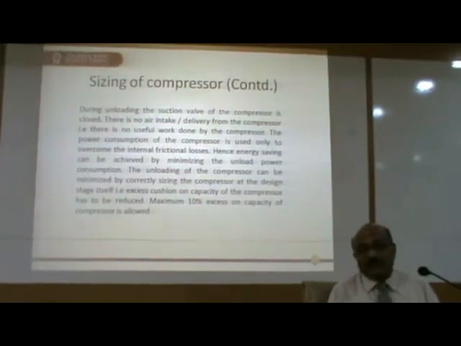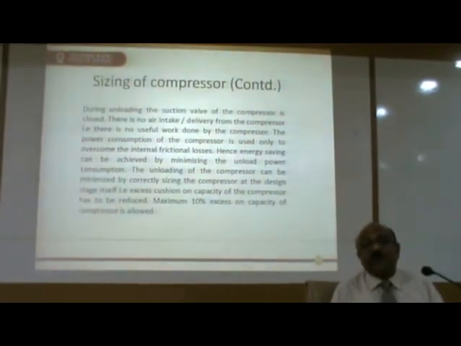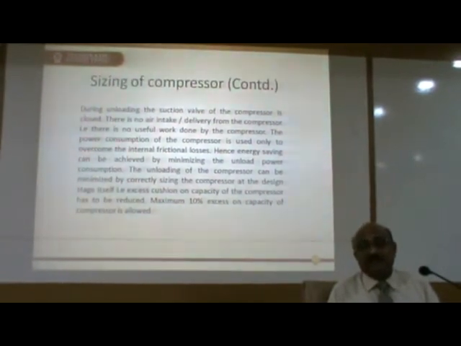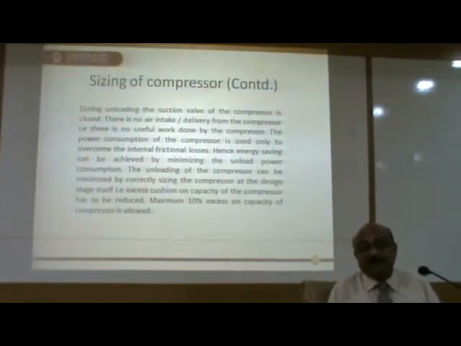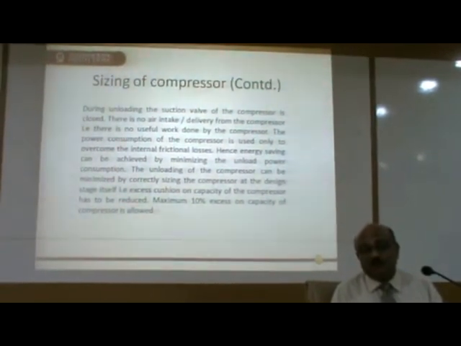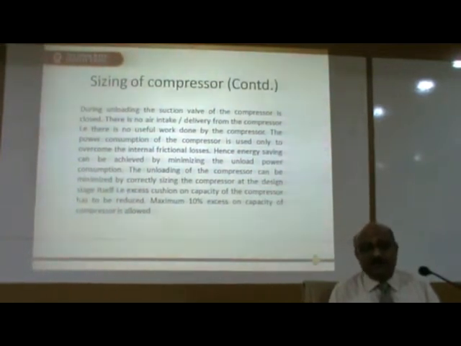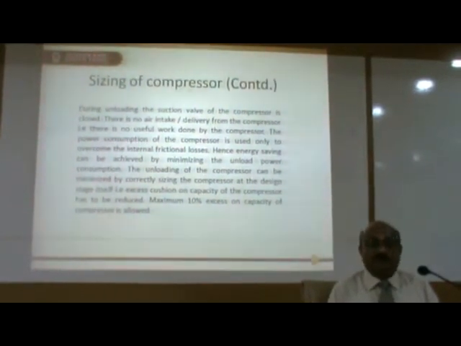It is actually a wrong concept. The more the compressor runs in unloading conditions, the more unnecessary power consumption. Our motto should be that the compressor always runs in full load conditions to get the maximum efficiency.